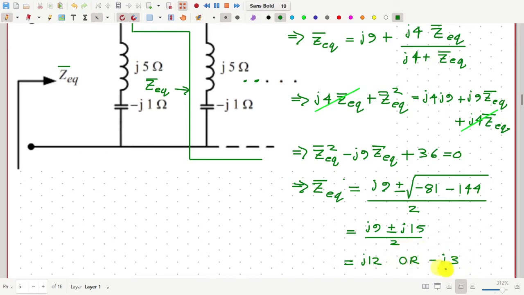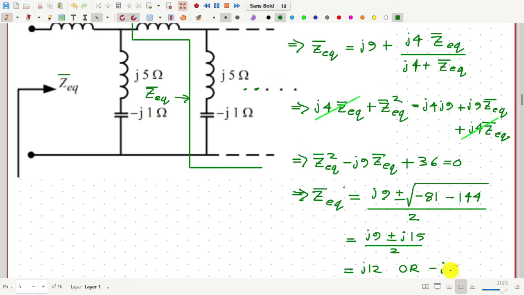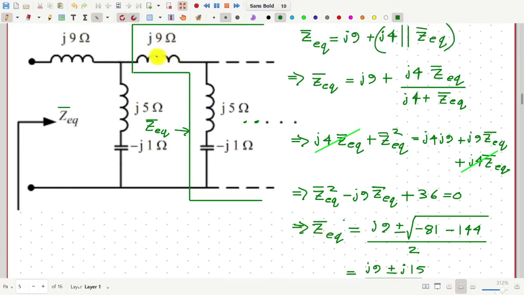Now, minus j3 cannot be the answer because minus j3 represents a capacitive impedance. However, we see that the impedance here should be inductive in nature, because when you consider these two together, the inductive impedance is higher than the capacitive impedance. So this branch is inductive. With that, in series, we have another inductive impedance, then again something inductive in parallel, and so on.